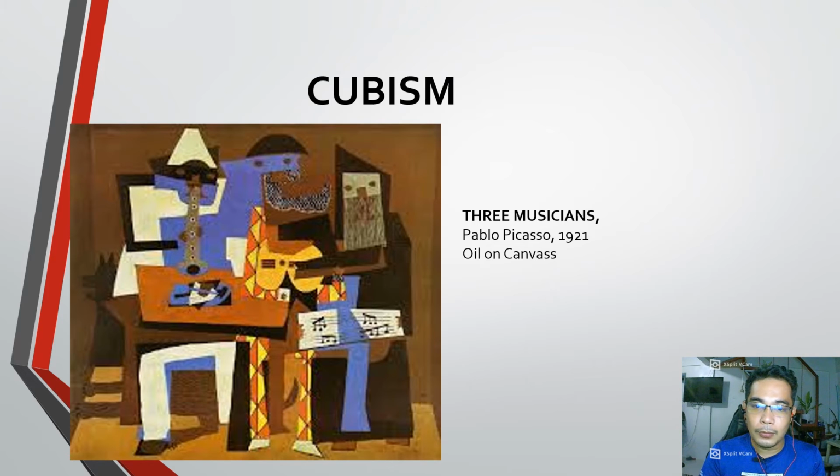Okay? So, kung hindi natin alam ang title niyan, malamang hindi natin mare-recognize. Tama, tatlong musician nga. So, it took us a while bago natin makita yung subject. Okay? So, that is cubism.